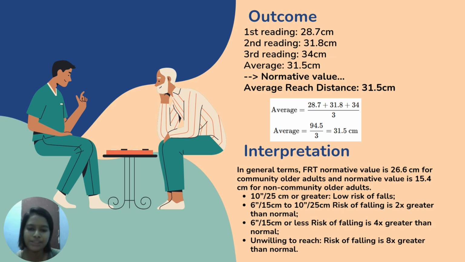A range between 6 to 10 inches, which is 15 to 25 centimeters, indicates that the risk of falling is twice as high. 6 inches or less, which is less than 15 centimeters, indicates a 4 times higher risk of fall. And if the individual is unwilling to reach, the risk increases up to 8 times.